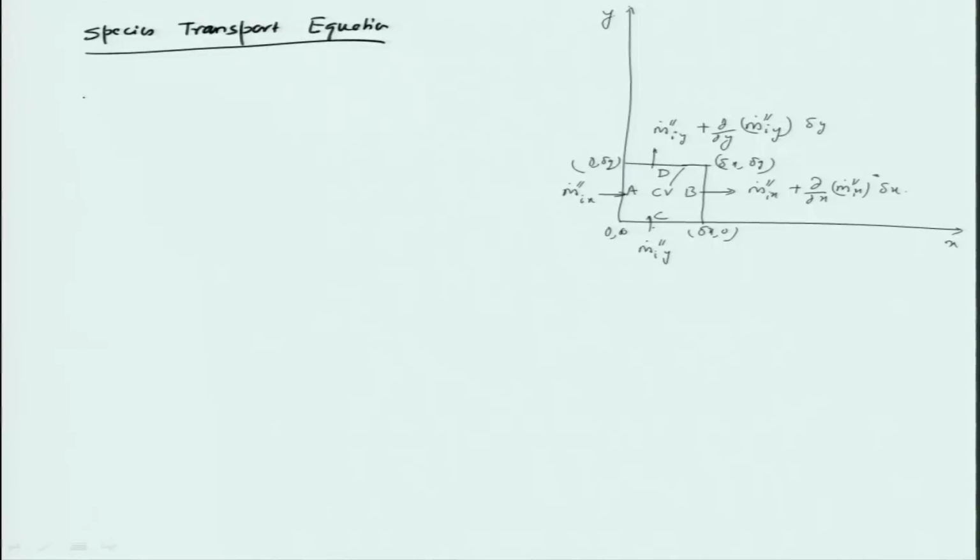So, now only can we look at this conservation. Let us carry out a mass balance for the ith species. The ith species can be methane, it can be hydrogen, anything; if it is a binary mixture, it will be methane and hydrogen.